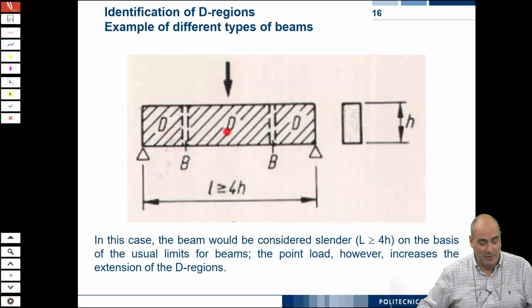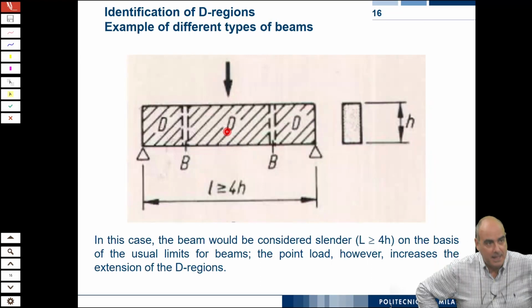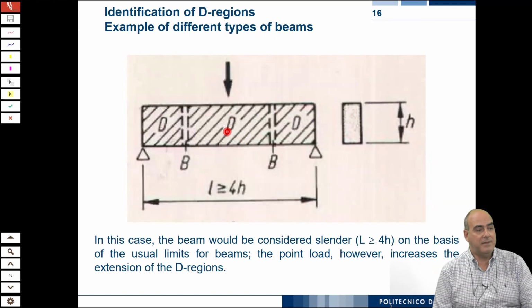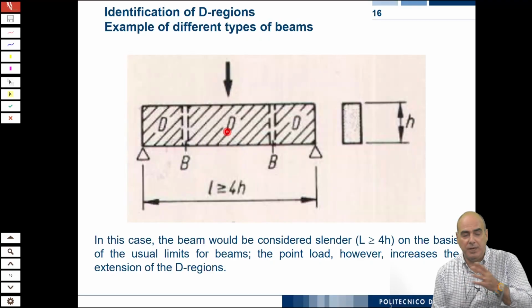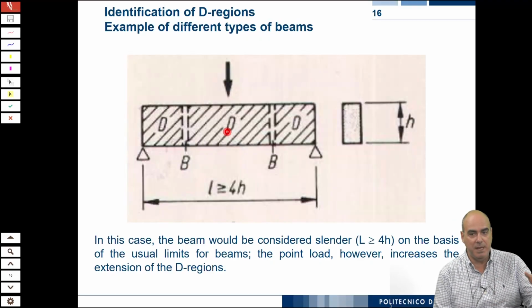So for example, we have said, okay, if the length of the element is more than 3, sometimes 3 to 5 times the depth of the beam, we can consider it as a beam and design accordingly. Well, but it's not only a matter of geometry. Look at this beam. Let's say it's 4 times the depth long.